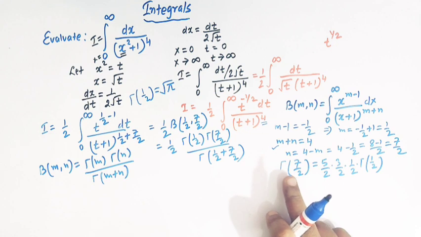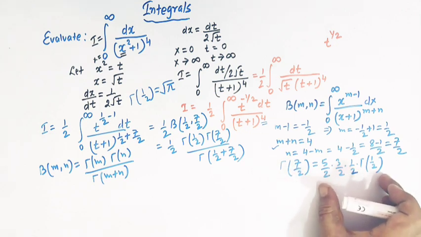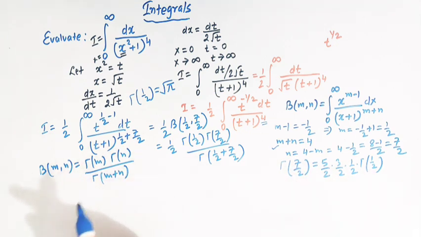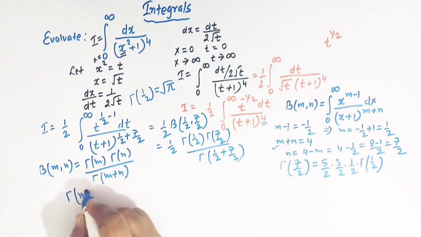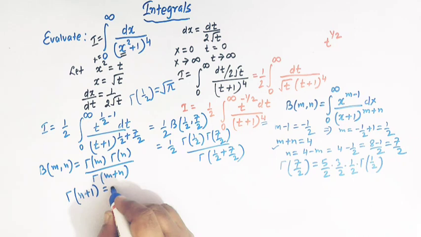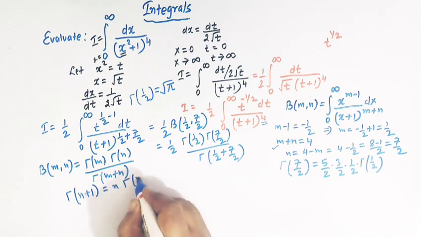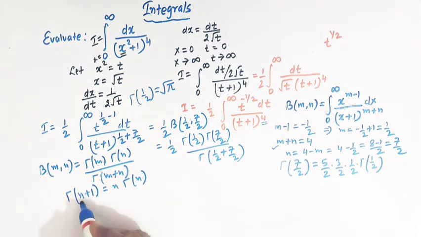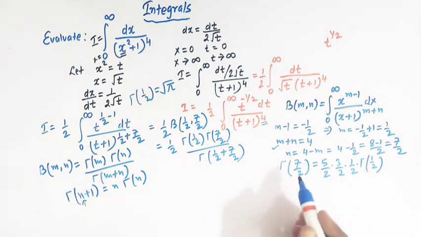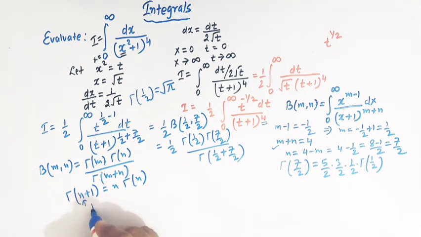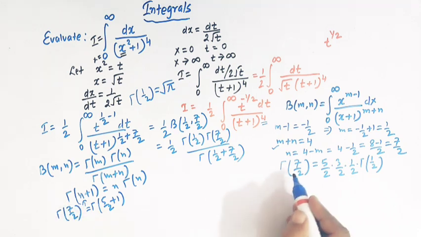So to express gamma of 7 by 2 like this, we have used an important relation, that is gamma of n plus 1 is equal to n gamma of n, right? So now if we take n is equal to 5 by 2, then we have 5 by 2 plus 1, which is equal to gamma of 7 over 2, right?